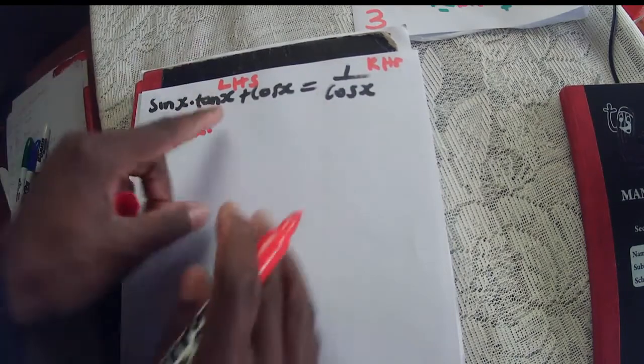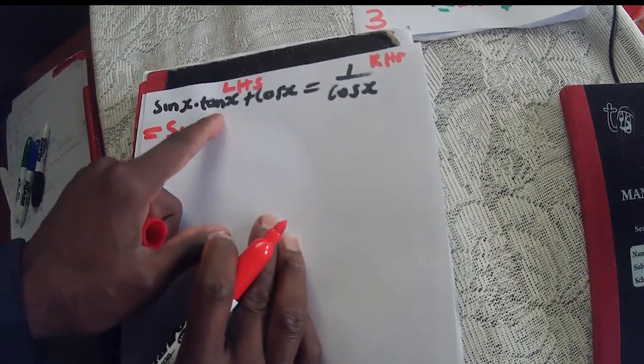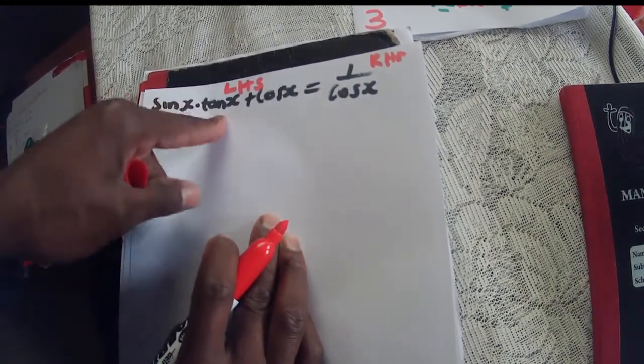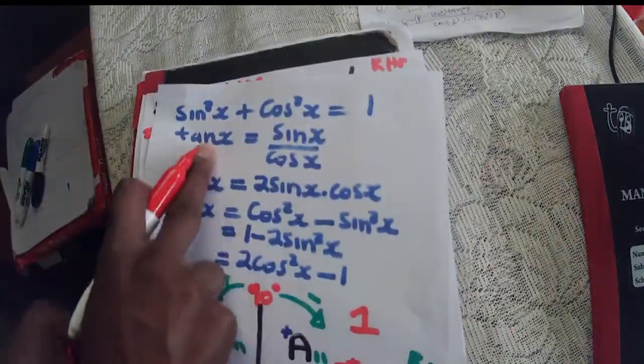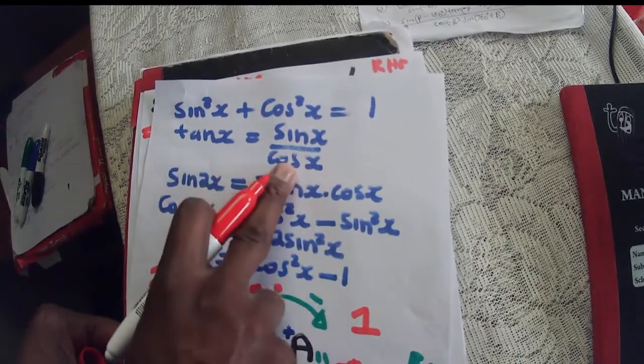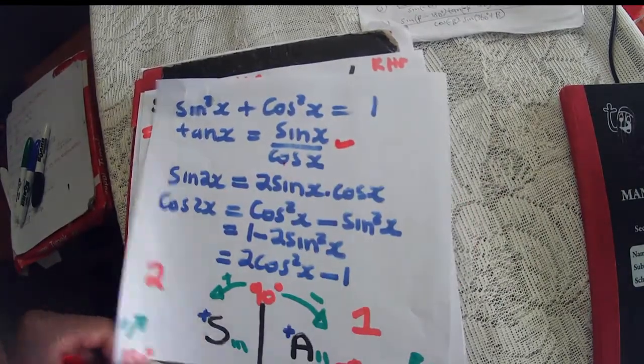multiplied by the following trig ratio, which is tan of x. So we know that tan of x is the same as sine of x over cos of x.